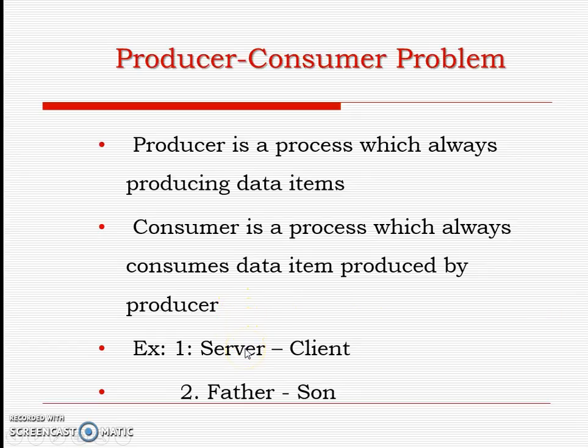Here, the server is always generating web pages, and those web pages are consumed by the client. The server is the producer process and the client is the consumer process. And a very good example is father and son. Father is earning the money, son is always consuming the money. These are exactly the examples of producer and consumer.